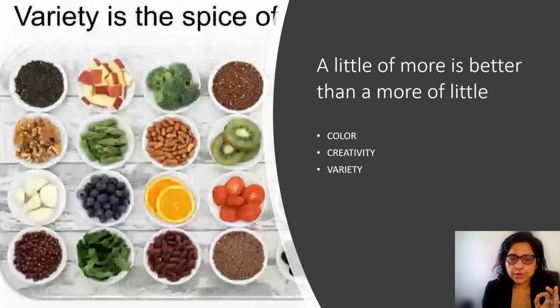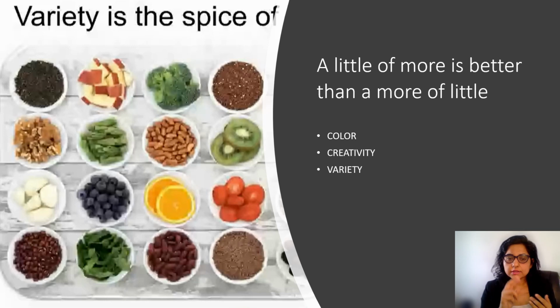All you need to do is whenever you're having a meal, you need to make sure that you have multiple colors in your plate, not just brown, not just yellow, not just pale. Can you make an attempt to add a little bit of red, a little bit of green, a little bit of yellow, a little bit of purple, a little bit of orange? Maybe not in every meal, but try and look at your plate when you are having your food and try to add colors to it.